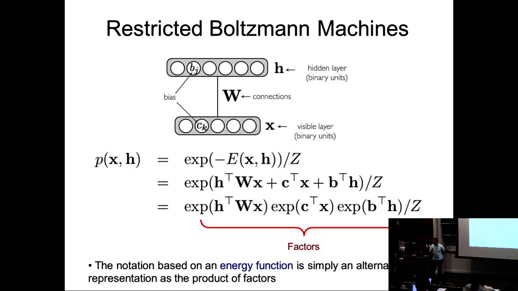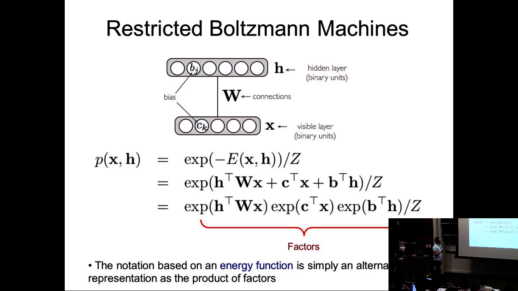So restricted Boltzmann machine, you can also view it this way. You have a hidden layer, binary units. W is going to be our connection parameters of the model. X is going to be the visible layer, and we're just going to start with binary representation, right? Later on, we'll extend it to other types of distributions, but let's stick to the binary, the easiest possible model. And again, just to write down explicitly, we can say the joint probability has this Boltzmann distribution, right?